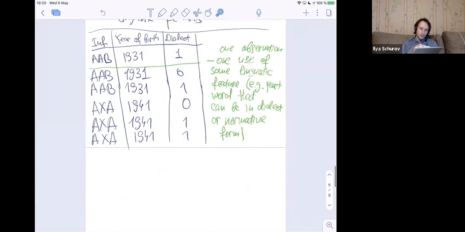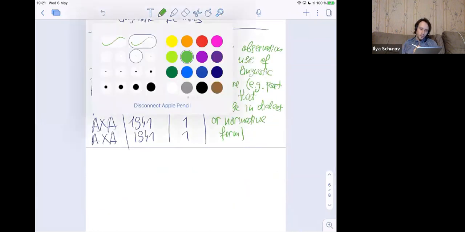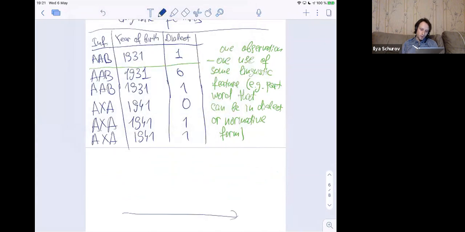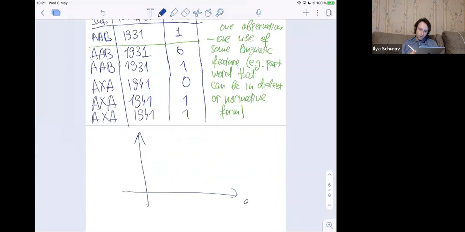So we basically expect something like this. If we draw a picture, here is year of birth, and here is the proportion of dialect forms.